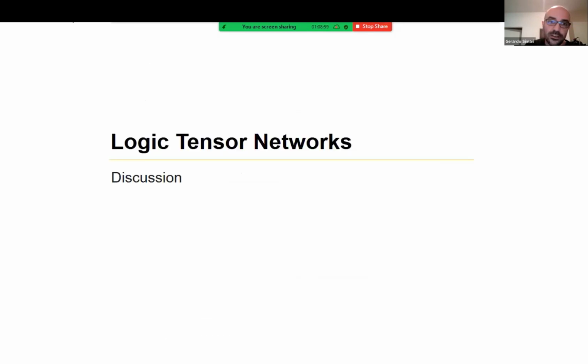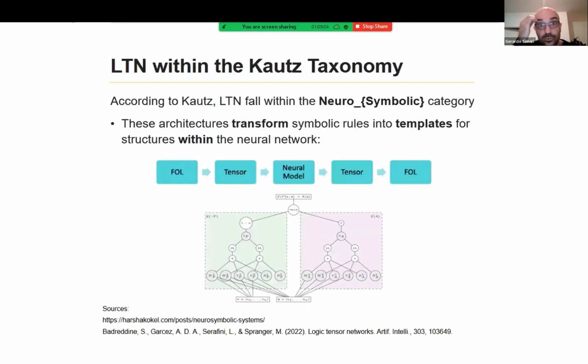So finally, I probably won't be able to get to the bonus material. I'm already out of time, but I wanted to, as we did with the LNN lecture last time, see where this formalism lands within the Kautz taxonomy, and it falls within the Neuro[Symbolic] category, where these are the kind of architectures that transform symbolic rules into templates for structures within the neural network.